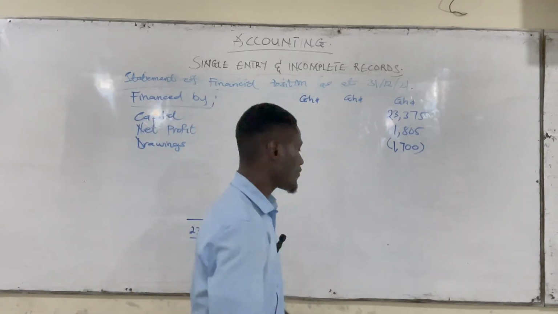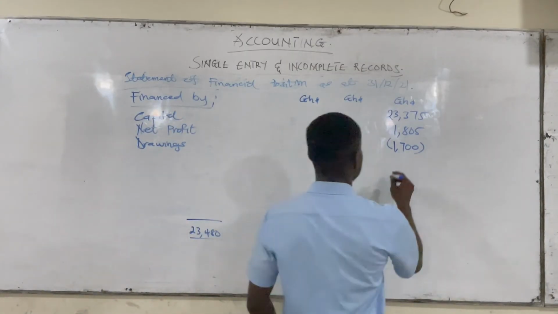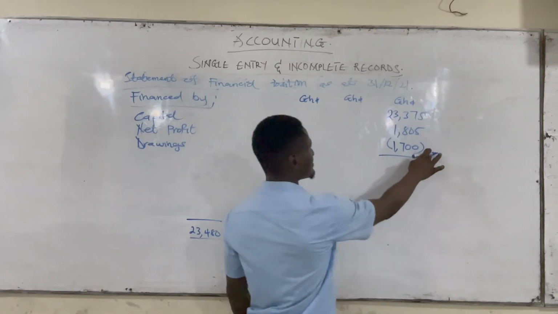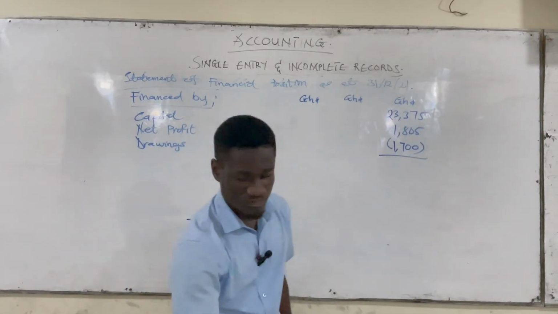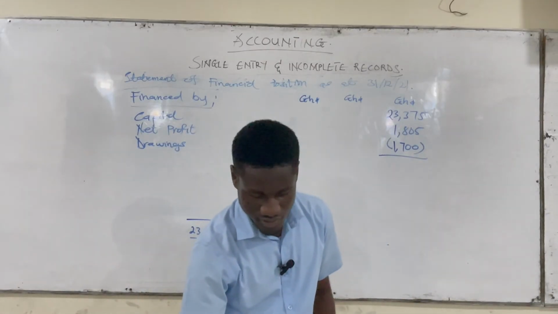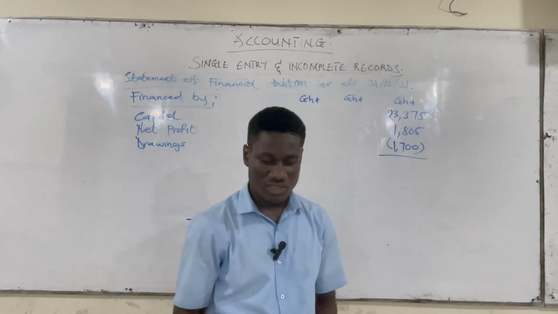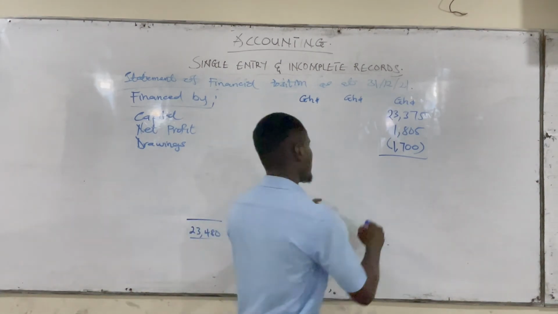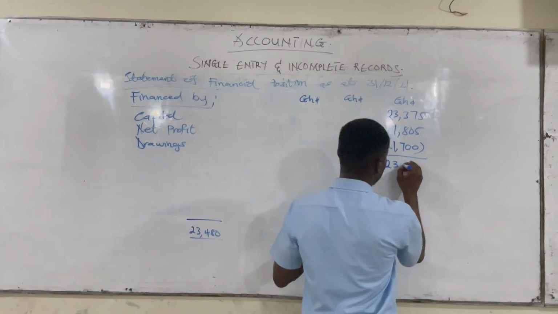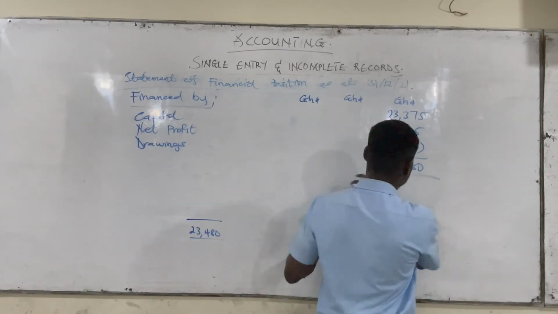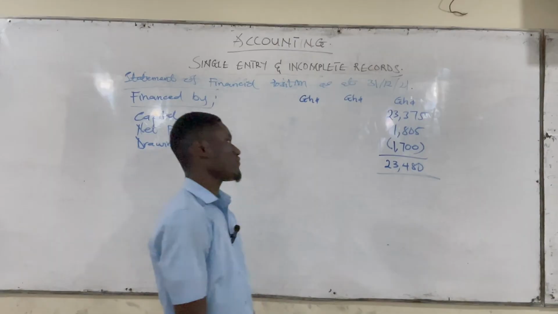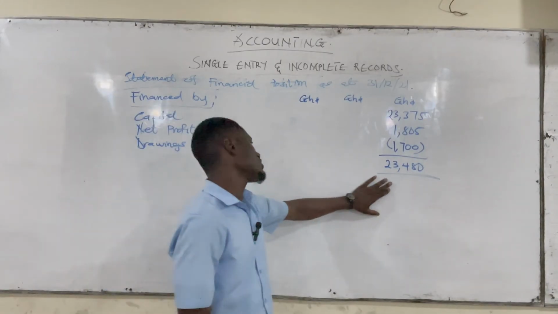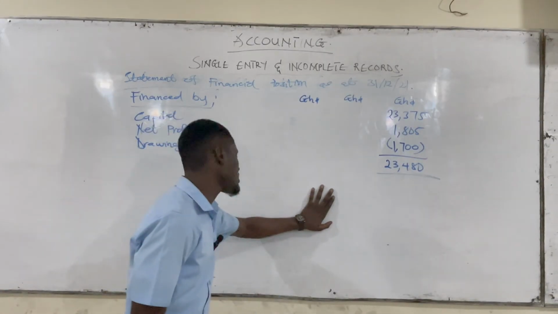Good. So we'll add these together. We'll add these and less this. And what are we getting? We are going to get 23,480. So this is all for our statement of financial position.